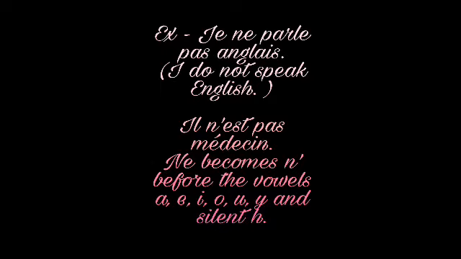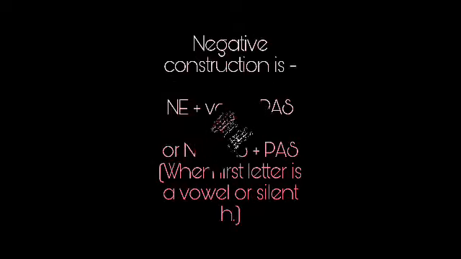Okay, now we come to the negative construction. The negative construction is ne plus verb plus pas. It's the general form when we form a negative sentence.